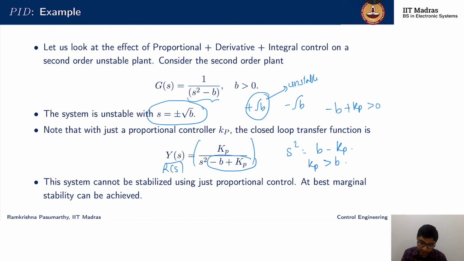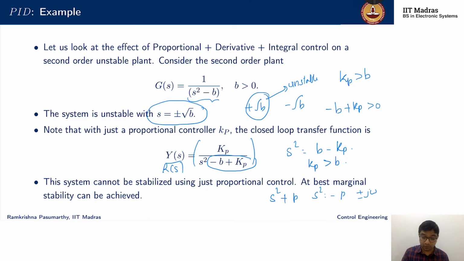So if I have a Kp which is greater than B, then this quantity becomes positive, say some positive quantity, I call it P, which means S square will be equal to negative P, and I will have imaginary poles. So an unstable system with a proportional controller can at best become marginally stable.